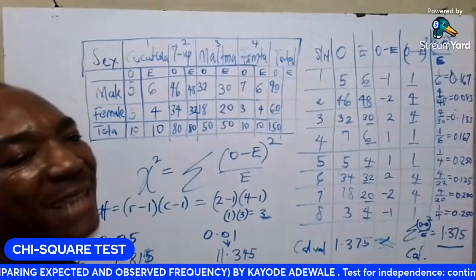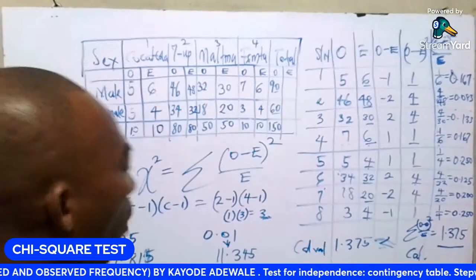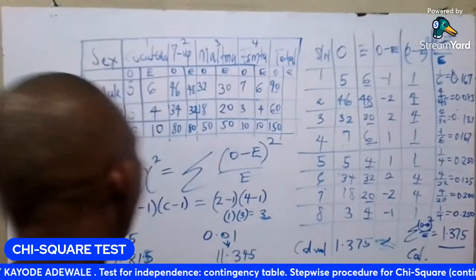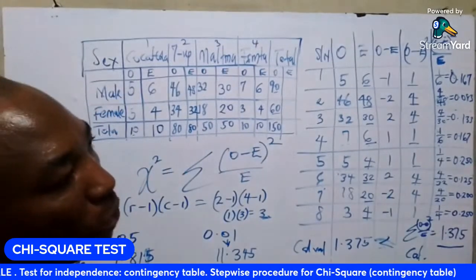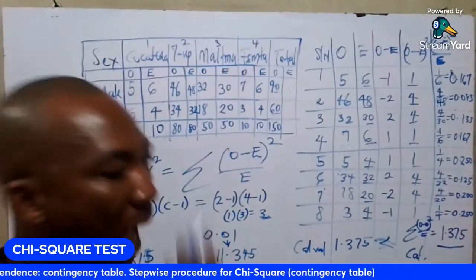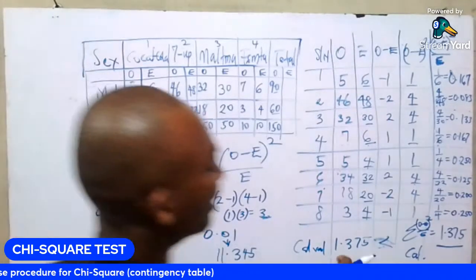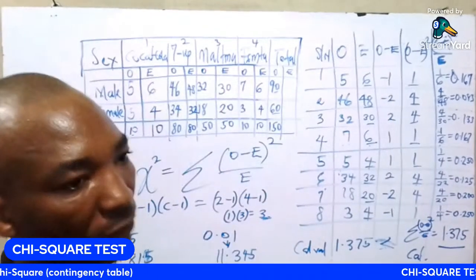So once your calculated value is lesser than the critical value, you take the null hypothesis. But in case this one is greater, you take the alternative.